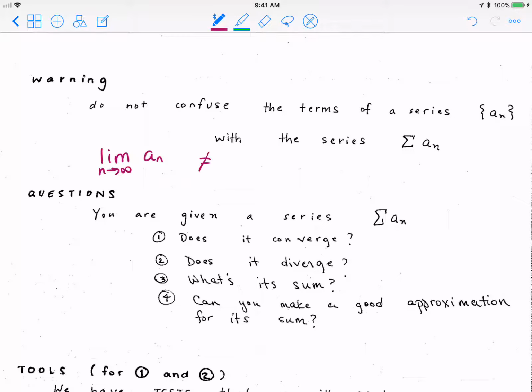That's not the same thing as what is the limit of the partial sums, n equals 1 to infinity, right? It's going to come up, and you're going to confuse the two concepts, but I'm going to remind you, don't confuse the two concepts, okay?